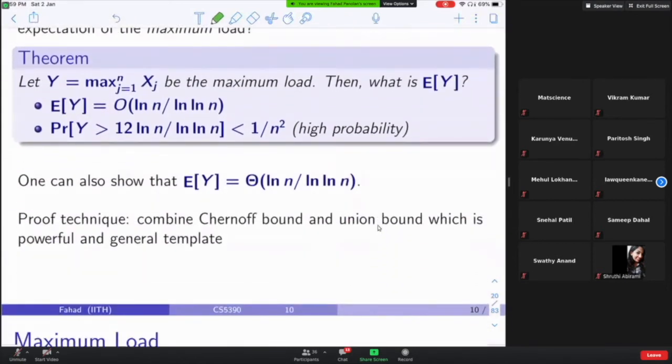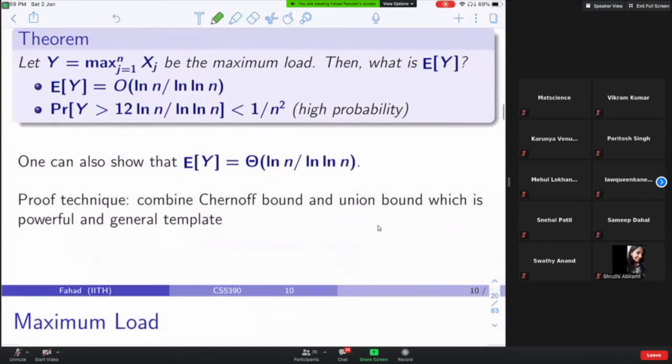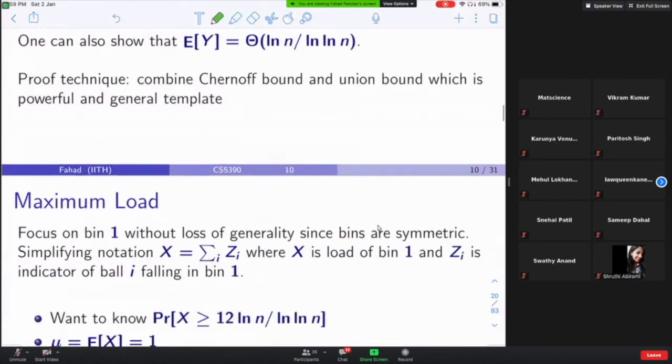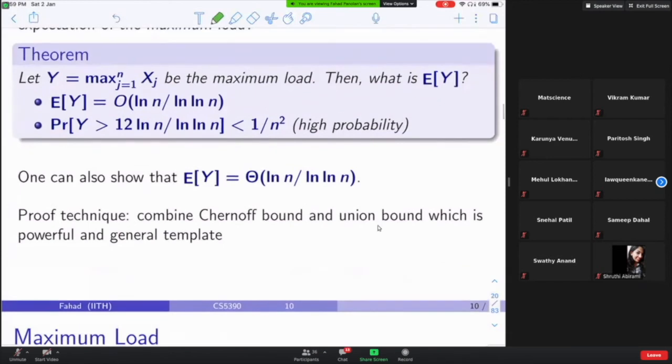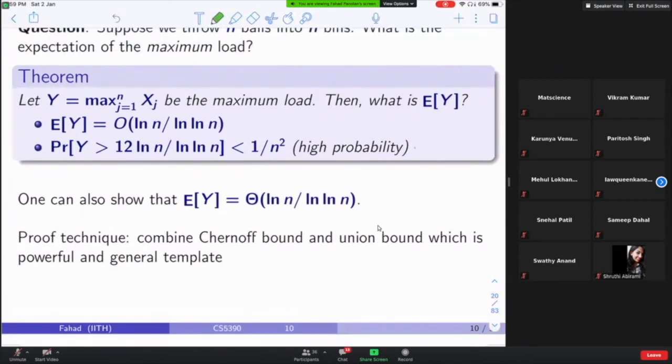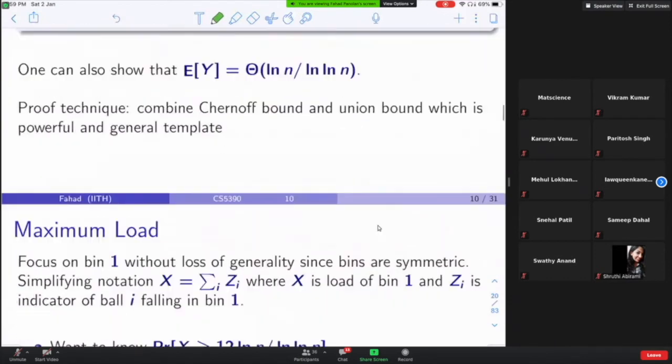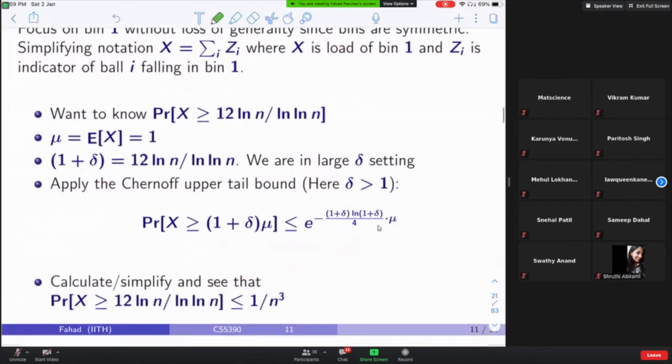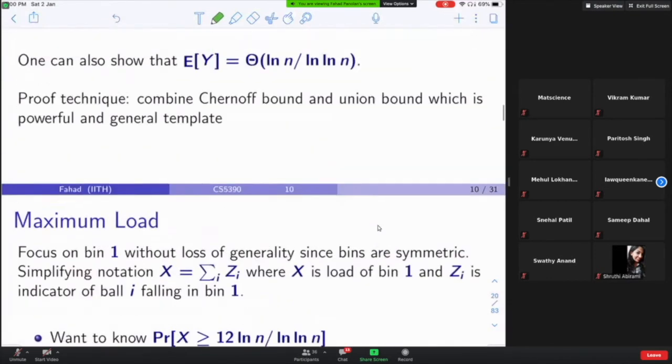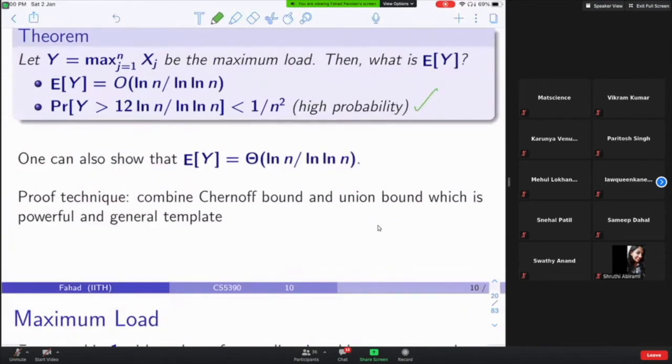Now what we do is Chernoff bound. So this is what I want to prove. Using Chernoff bound and union bound, we will prove this.